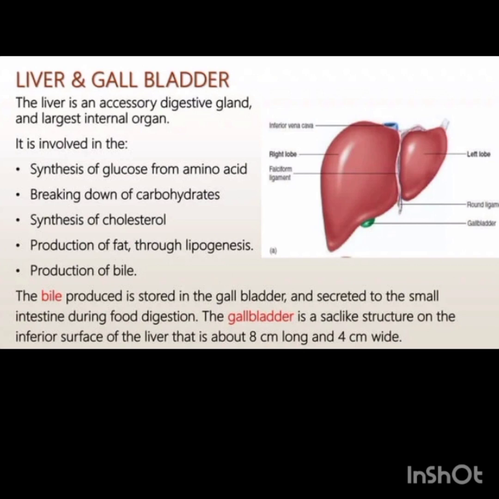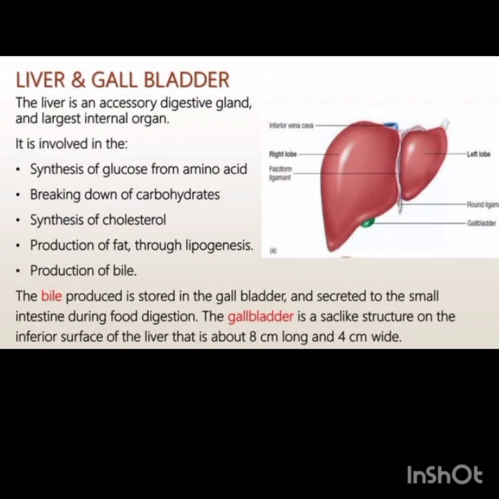Whatever bile is produced, you can see the small dark green color is the gallbladder, where the bile is stored and then secreted to the small intestines during food digestion. The gallbladder is a sac-like structure on the inferior surface, the lower surface, of the liver, about 8 centimeters long and 4 centimeters wide.